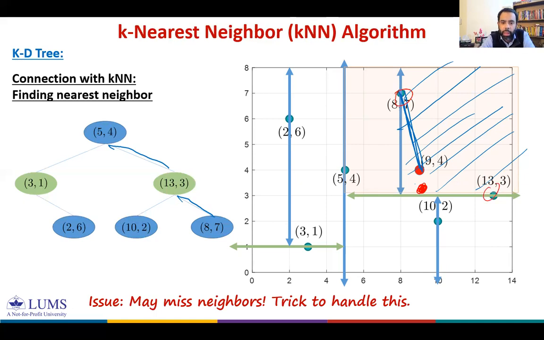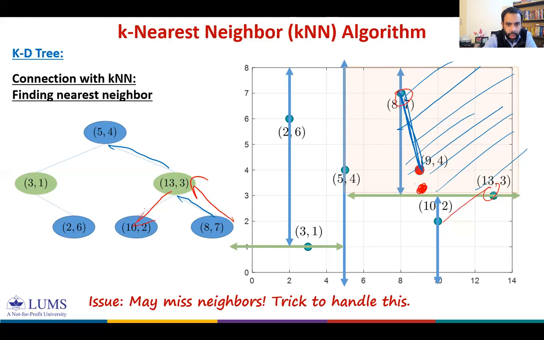But how to overcome this? The trick is that you start from (8, 7) and keep traversing up, so you reach (13, 3). Once you reach (13, 3), instead of only going further up, you should also traverse into the other child node. So when I reach (10, 2), I should be scanning that point as well, because I'm reaching from the right.